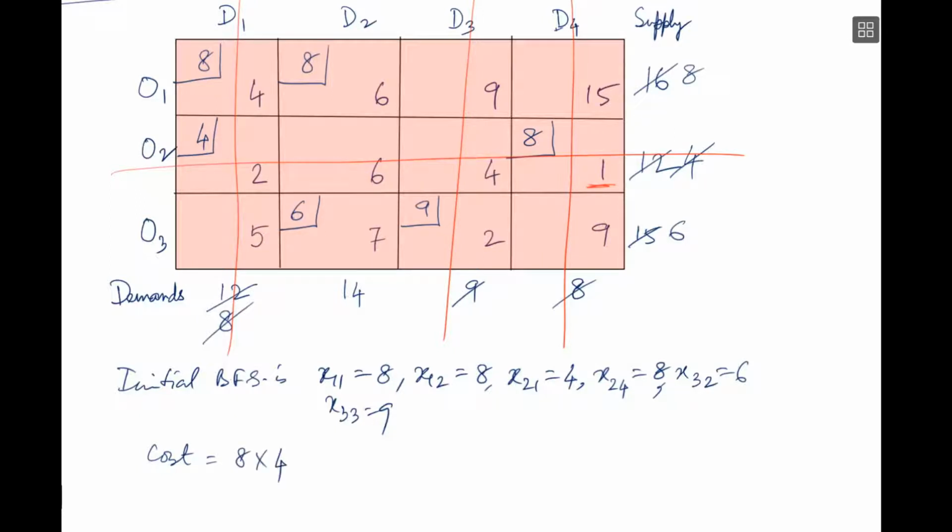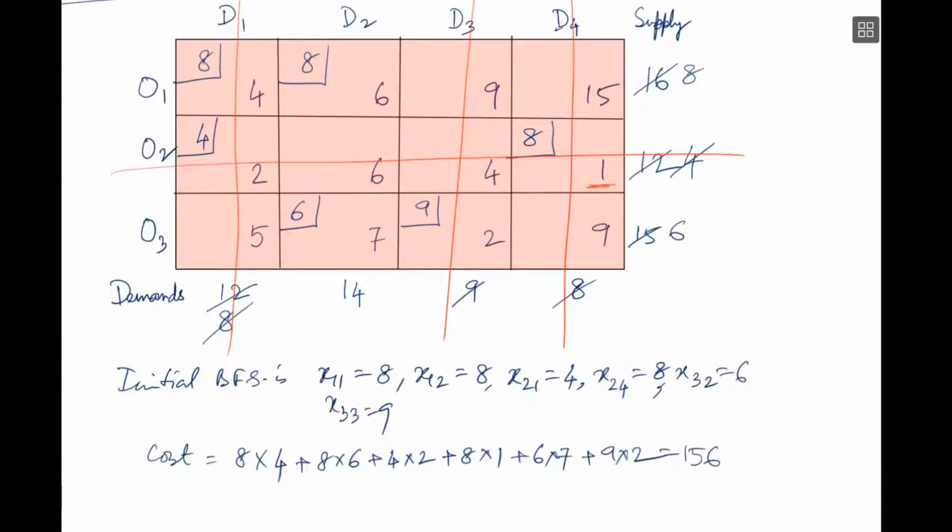So the total cost is 8 into 4 plus 8 into 6 plus 4 into 2 plus 8 into 1 plus 6 into 7 plus 9 into 2, that is equal to how much? 32 plus 48, that is 80. 80 plus 8, 88 plus 8, 96. 96 plus 42, 138. 138 plus 18, so it is 156.